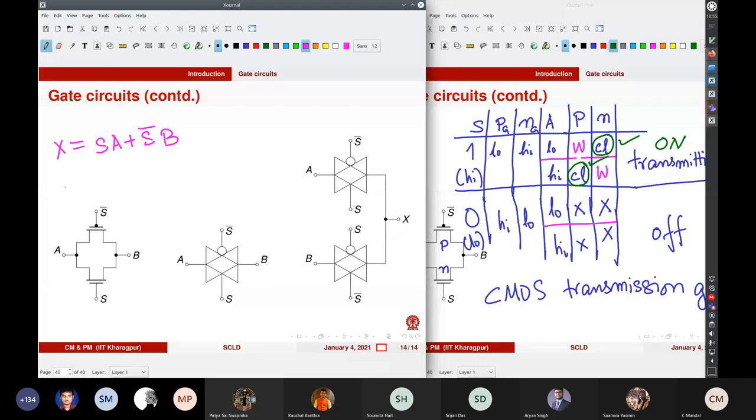And this is also called a 2 to 1 multiplexer. All right, this is called a 2 to 1 multiplexer. So that is the way a multiplexer works. Is that okay?